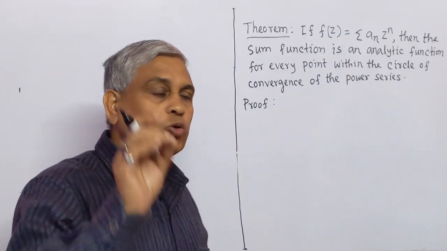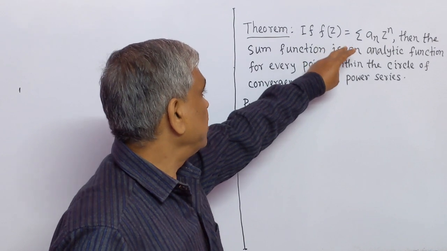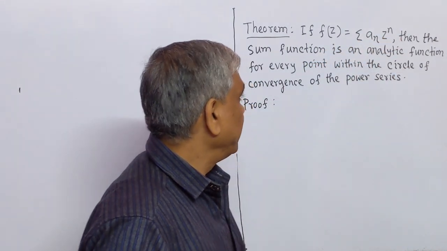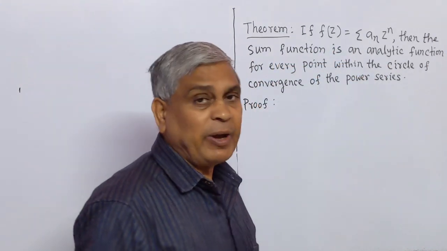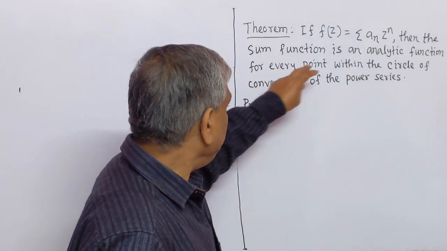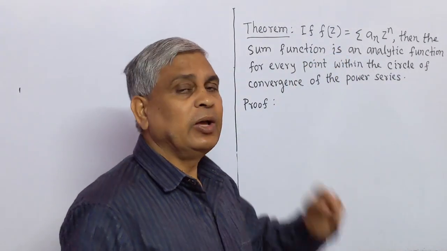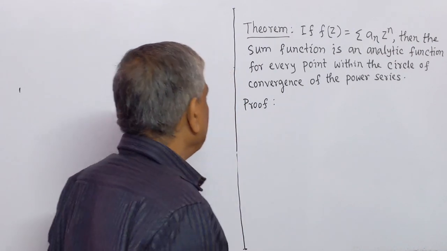Now we prove the next theorem. The theorem is: if f(z) = sigma a_n z^n, then the sum function is an analytic function for every point within the circle of convergence of the power series. Now we prove this.